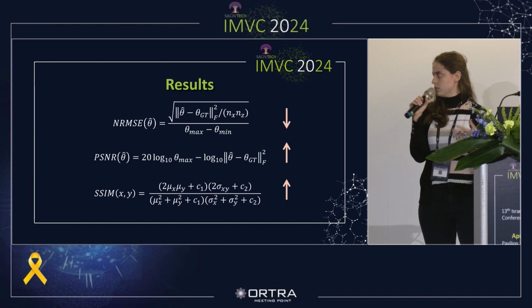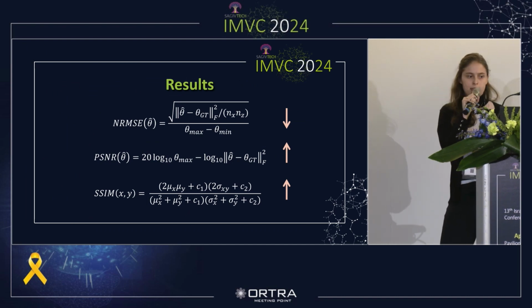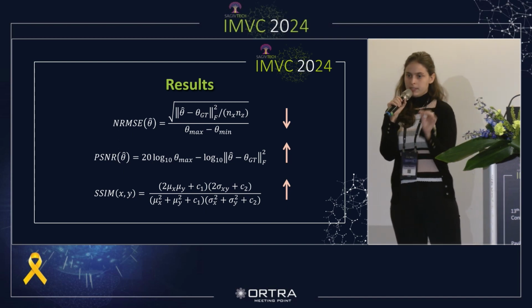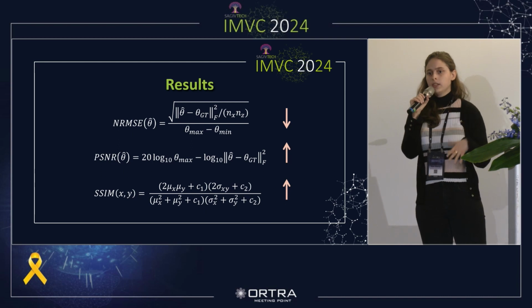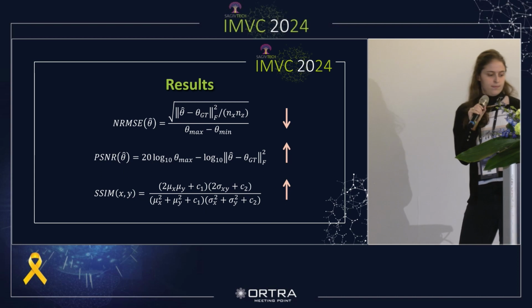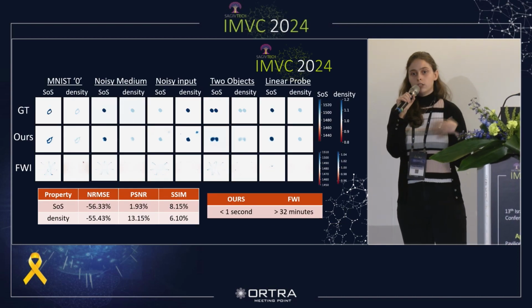To evaluate our results, we use diverse numeric metrics, for example, normalized RMSE, PSNR, and tomography osmolarity, to evaluate the accuracy of the pixel reconstruction, along with the position, shape, and size of the objects. Here you can see an example of our reconstruction for the ultrasound signals.